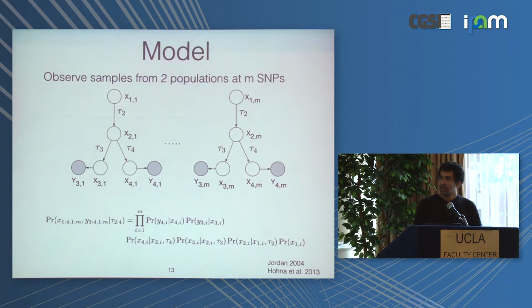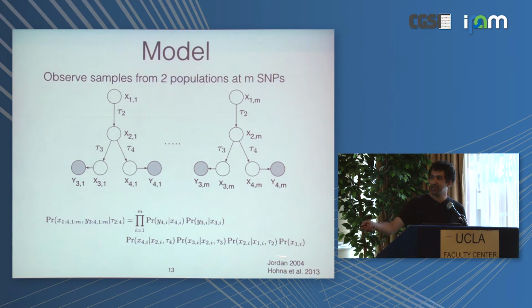So again, we can write down the joint distributions of all of these random variables. And so this is the joint distribution of the x's and the y's given the parameters of this model, which are the taus. So the taus are the drifts along each of these populations, and they are shared amongst all of the SNPs. So if you look at this joint probability, because we are assuming that these SNPs are evolving independently, it factorizes into M distinct terms.